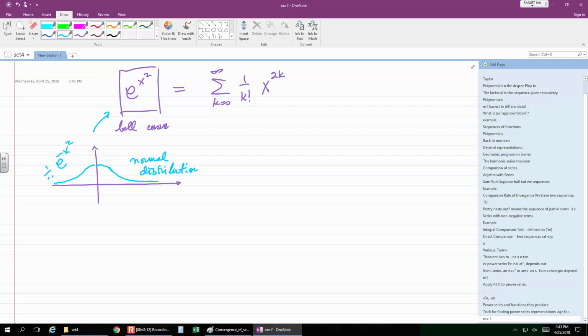So it's a very important function, but why we care is this, because we might need to compute the area under the graph in order to evaluate the probabilities of certain events.